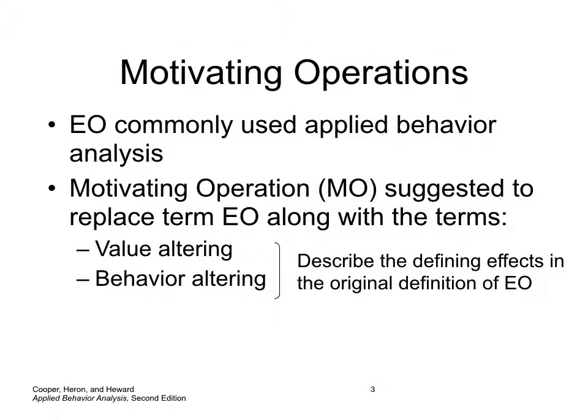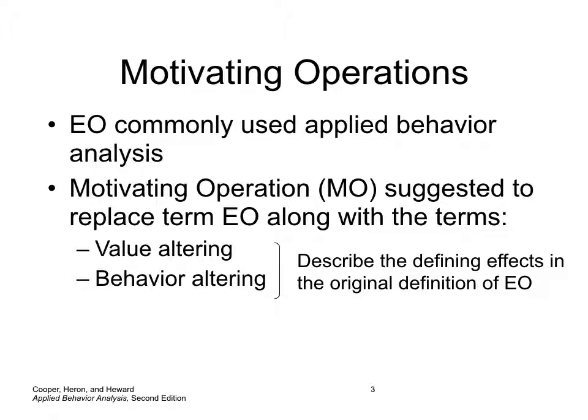Motivating operations, MO, are the environmental and antecedent variables that alter the effectiveness of some stimulus object or event as a reinforcer and alter the current frequency of all behavior that has been reinforced by that stimulus object or event.